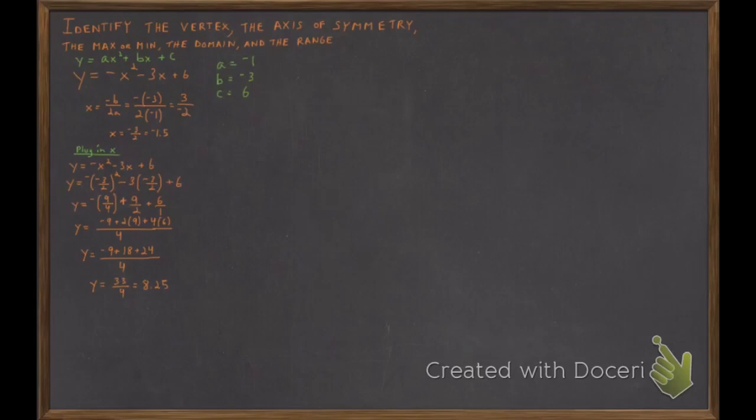So I'll write the vertex in two different ways. We can say that the vertex, I'll write it big, equals -3/2, comma, 33 over 4, or we can say that the vertex is equal to -1.5, comma, 8.25.